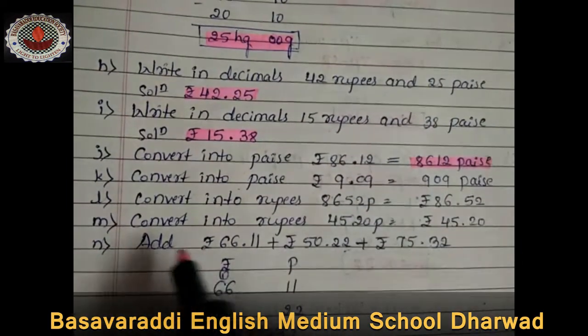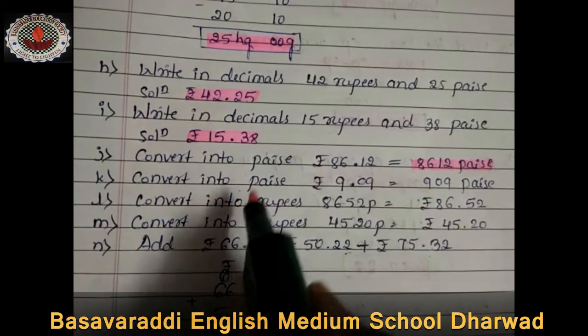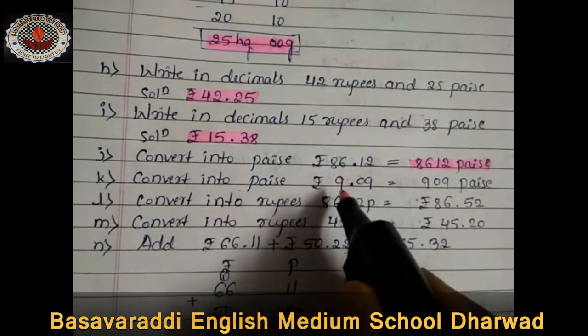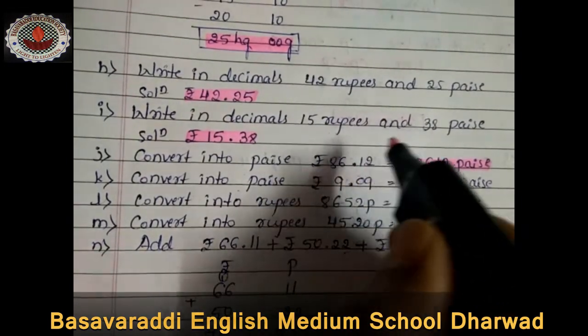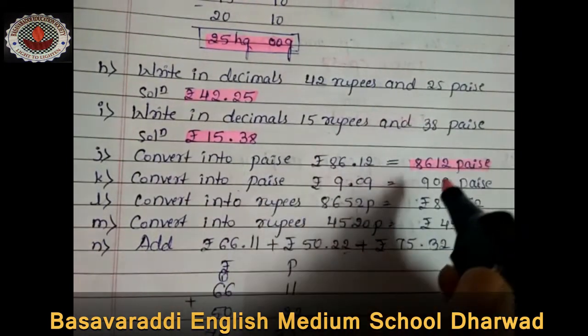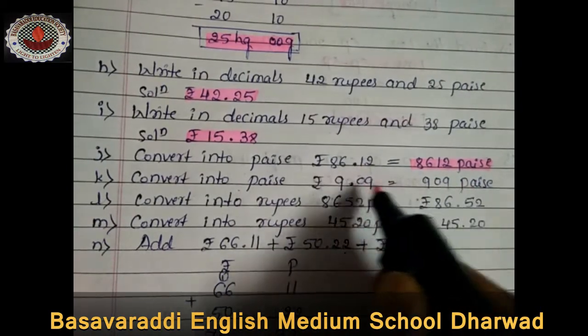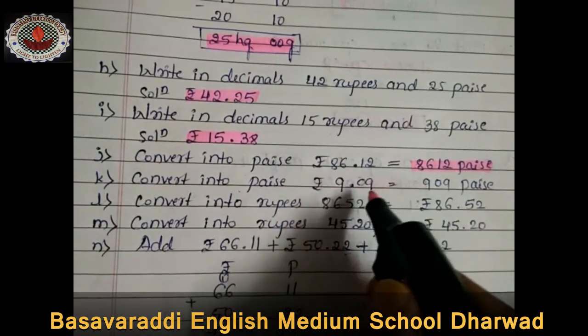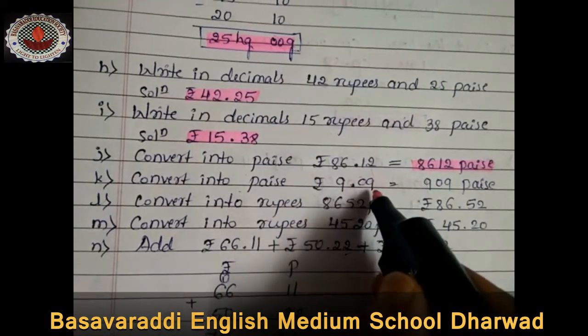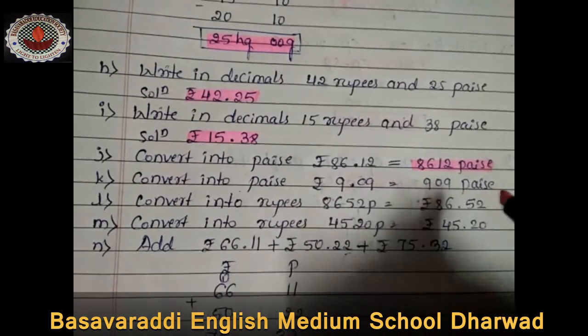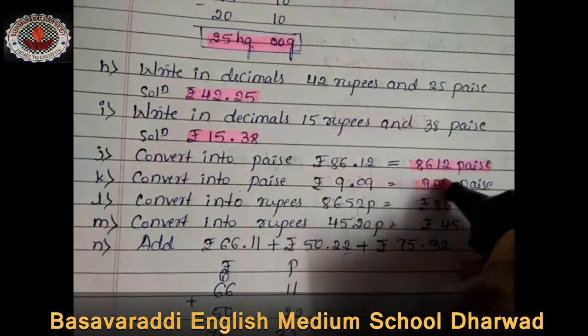Next, the K question. Convert into paise, same as the J one. So 9 rupees 9 paise. How to convert this into paise? 1 rupee is equal to 100 paise. So 9 rupees is equal to 900 paise. Then add the remaining paise. It becomes 909 paise.